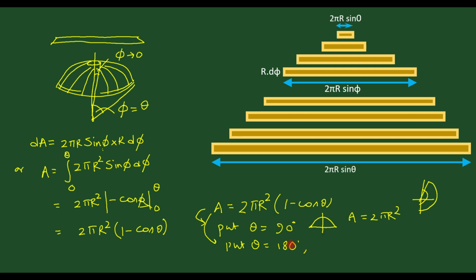Then put theta equal to 180 here, cos 180 is minus 1, minus minus plus, and we'll get A equal to 4 pi r square. So we have not only derived the expression for the curved surface of a portion of a sphere, but we have also verified that this formula is correct.